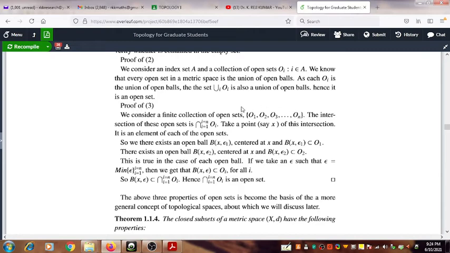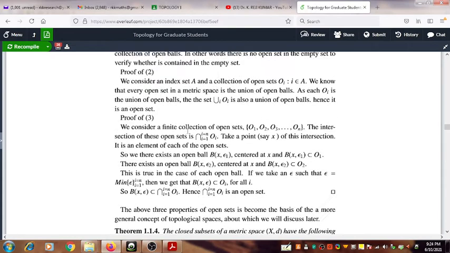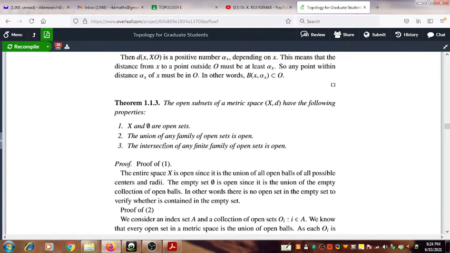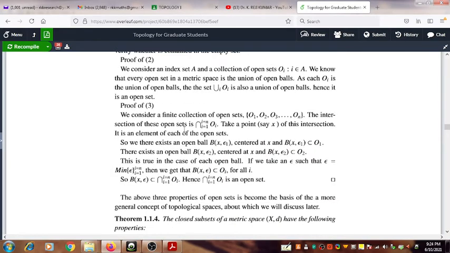According to the statement, we take the intersection of these open sets, that is the intersection from i equal to 1 to n of Oi. Next we want to show that this set is open. For proving that, we consider a point of this intersection. Let x be a point of this intersection.